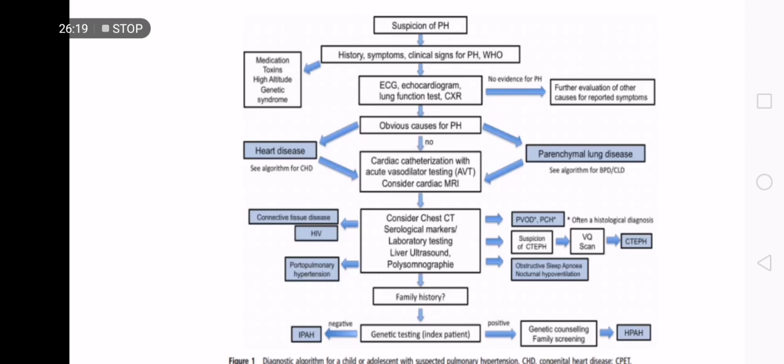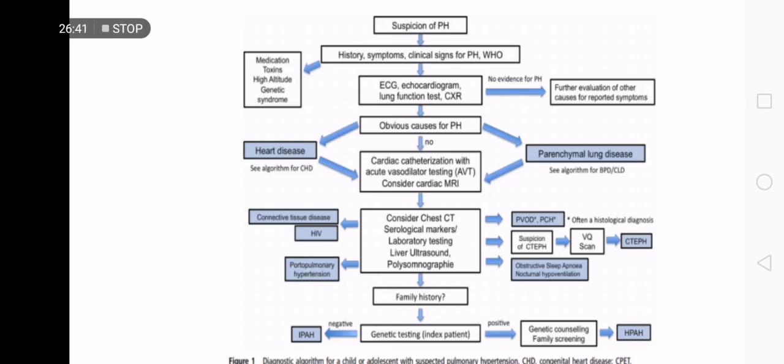We have to exclude heart diseases or parenchymal lung disease. If there is suspicion for this, we have to do cardiac cath with acute vasodilator testing. Consider cardiac MRI.